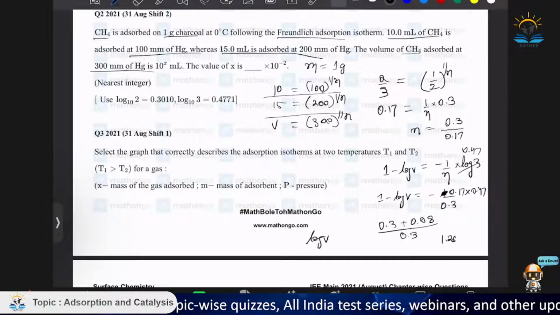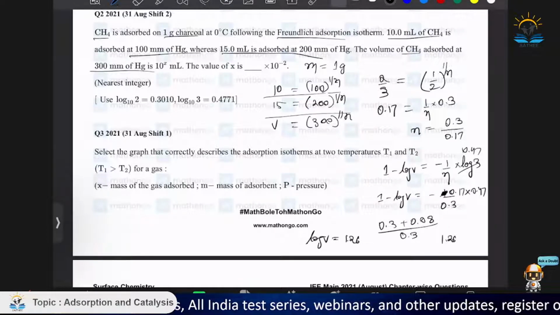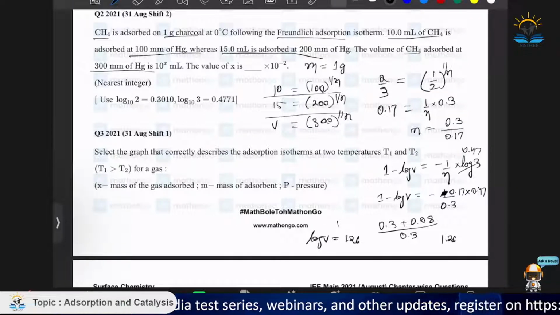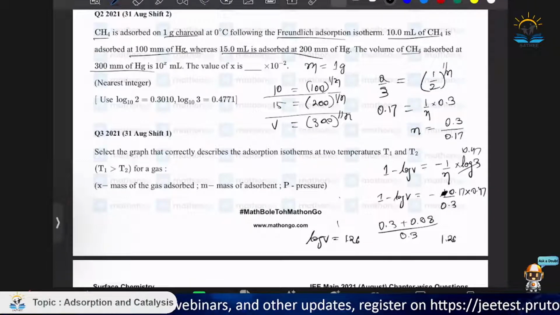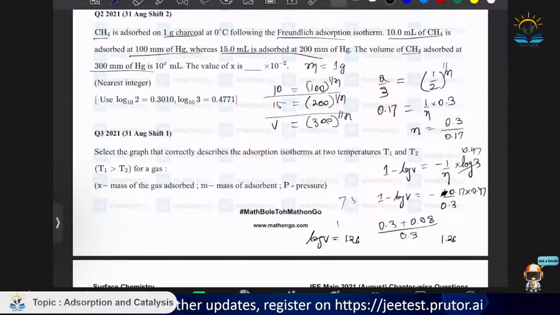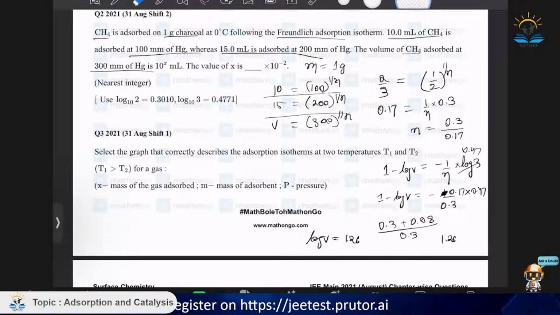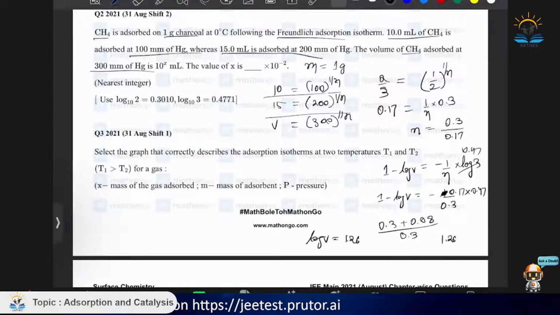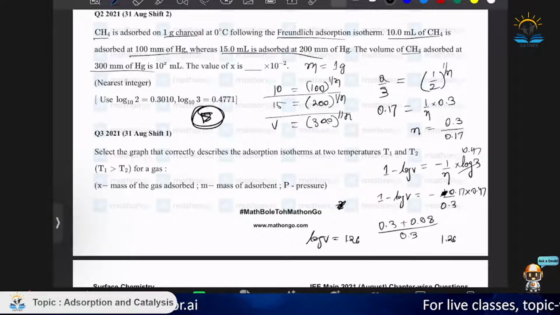So log V is equal to 1.26. That is about, I think, 6 twos are 12. See, it is like 0.4, 0.8. So 3 and 6, it is about, I think, 18. And V is 18 ml.